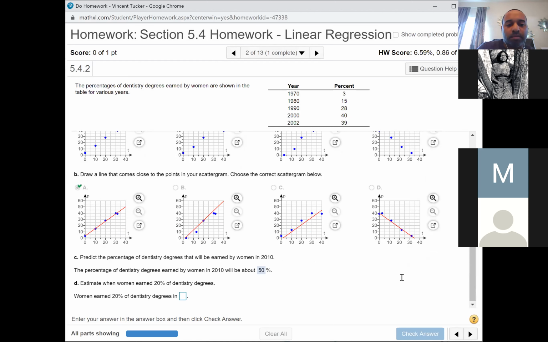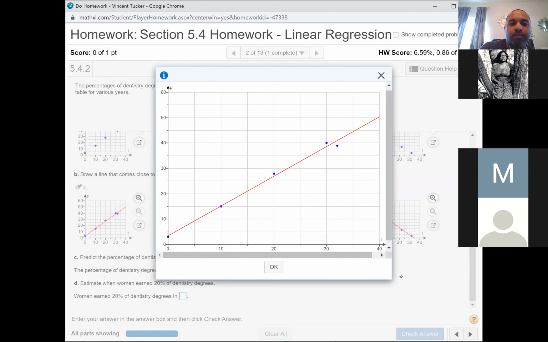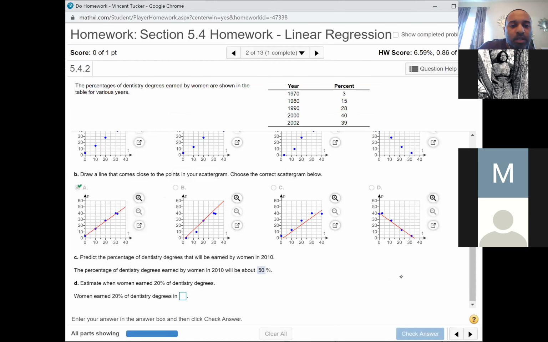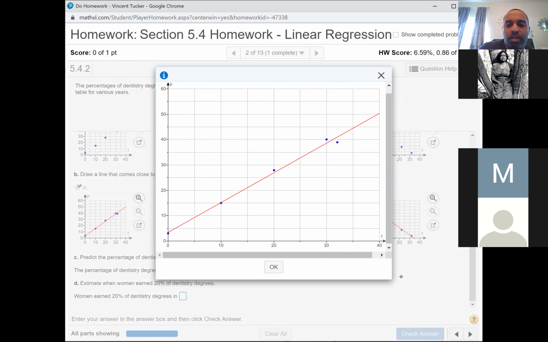Then it says estimate when women earn 20% of dentistry degrees. So now we're going to go to 20 on this left side. 20 is your Y or your P, and see where it meets. And that is close to 1980, so it'll be 1990. Oh, I didn't mean to do that. Hold on a second. Let me go back. So that 10, 1980.